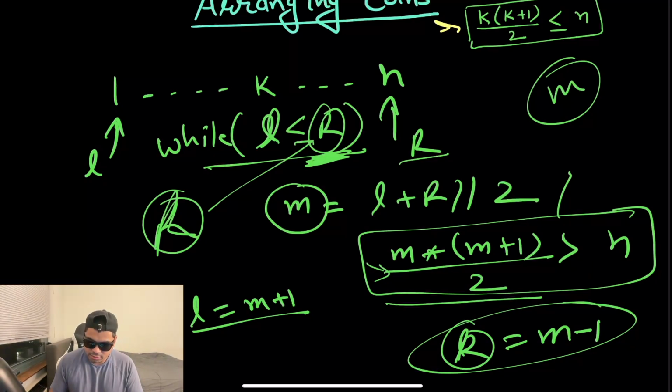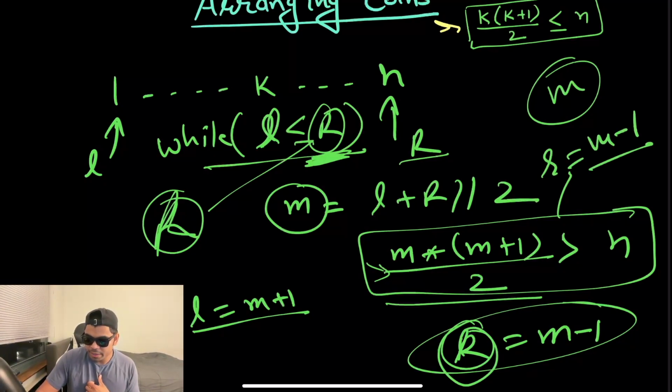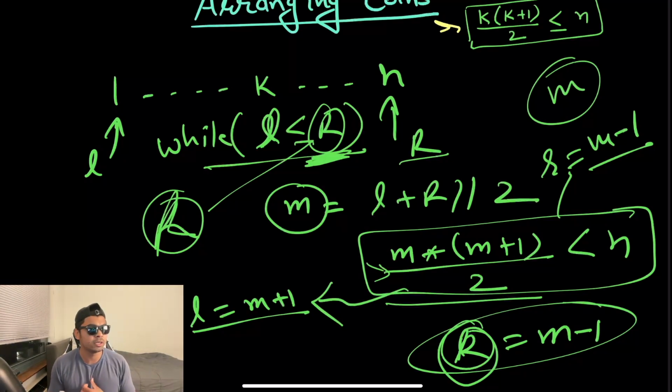If it is, we need to bring down our right pointer to mid minus 1. Or if this was smaller than n, then we bring our left pointer to mid plus 1.